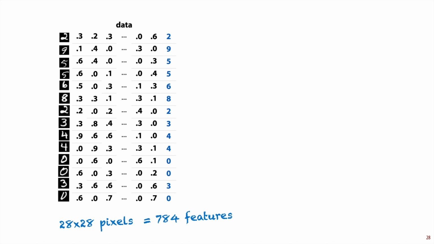And finally, we have one more column containing the 10 possible classes in this classification task, because the picture represents either the digit 0, the digit 1, the digit 2, and so on. If we do all this, we get a very big table, but one that we can feed to a learning algorithm.